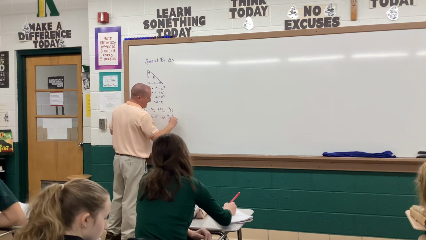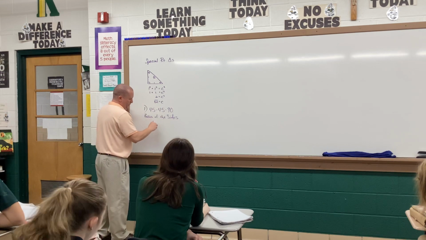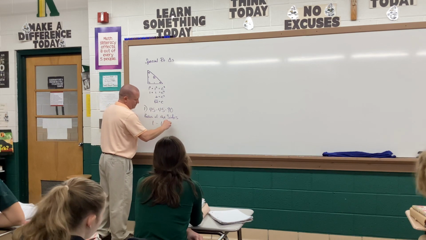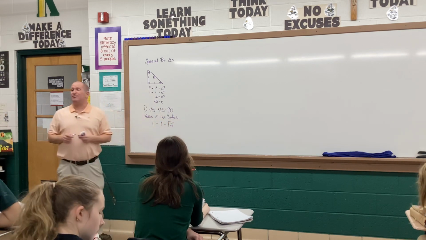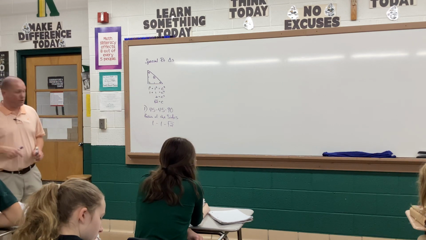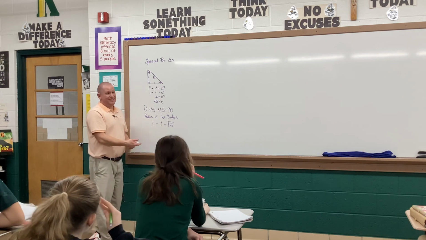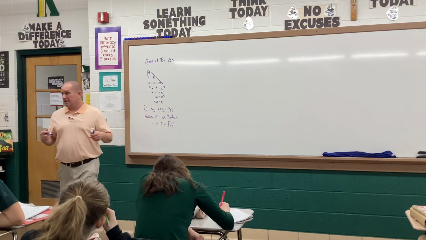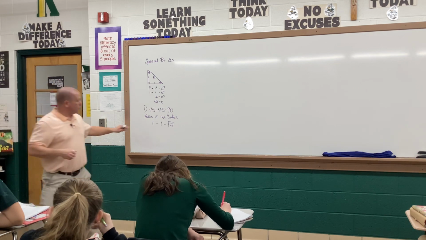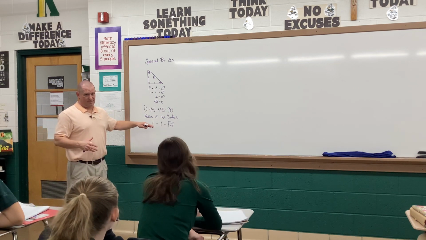The ratio of the sides, if we do it in the same order, would be 1, 1, and the square root of 2. So every single time that you have a 45, 45, 90-degree right triangle, the ratio of the sides is 1, 1, square root of 2. It doesn't matter what the other lengths are, the ratio of the sides are always going to be the same thing. Does that make sense?